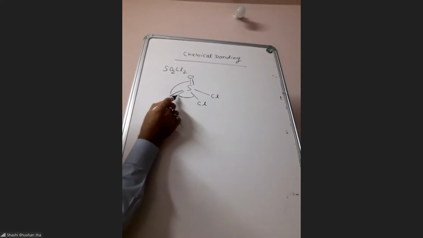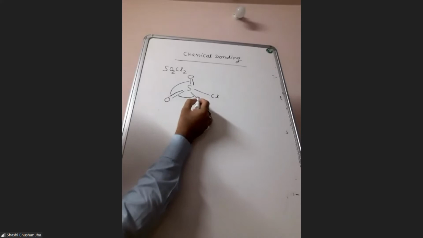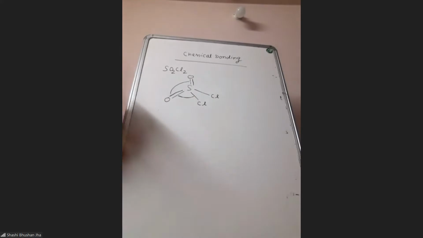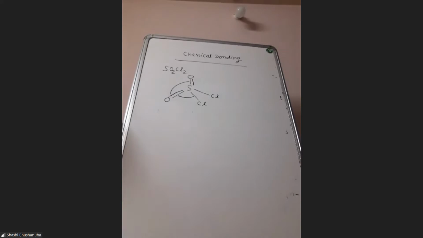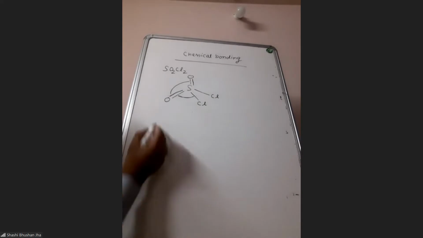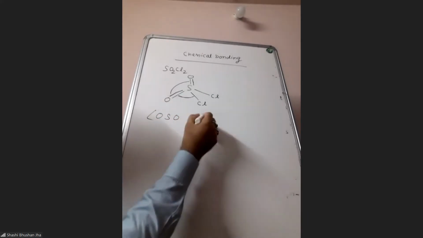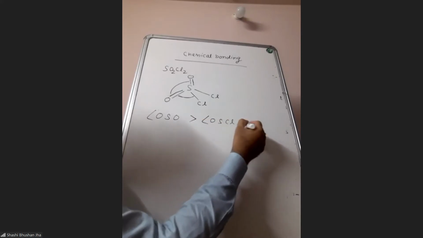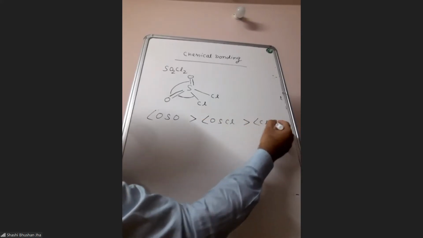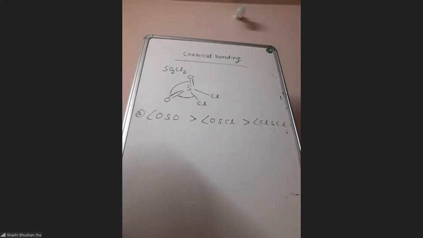The next will be the angle between double and single, and the least angle will be between single bond and single bond. So here the first option is that only. The angle between oxygen, sulfur, oxygen will be greater than the angle between oxygen, sulfur, chlorine, and that will be greater than the angle between chlorine, sulfur, chlorine. So that is your first option, and that is correct.